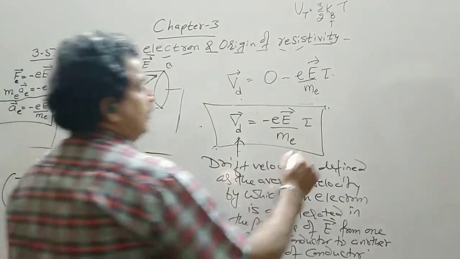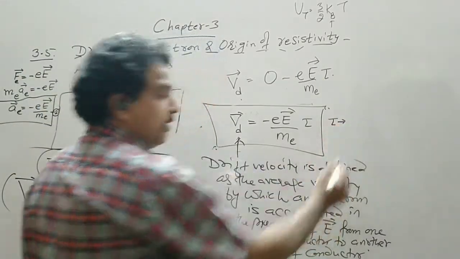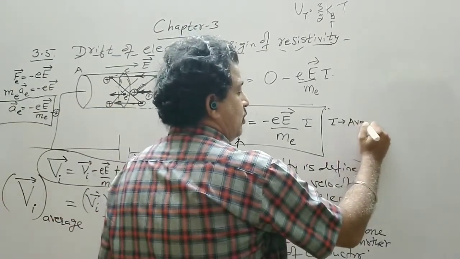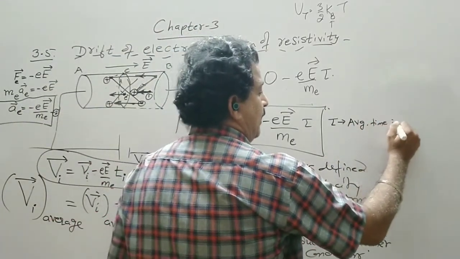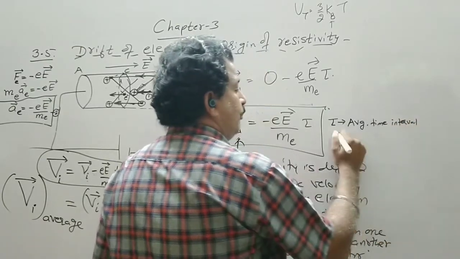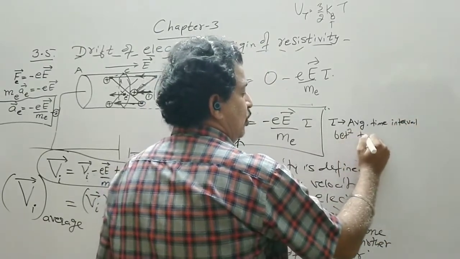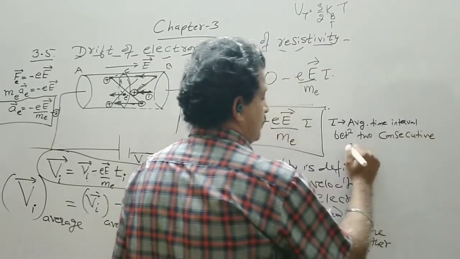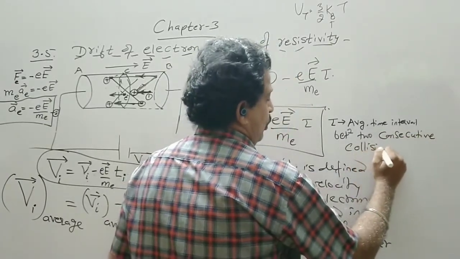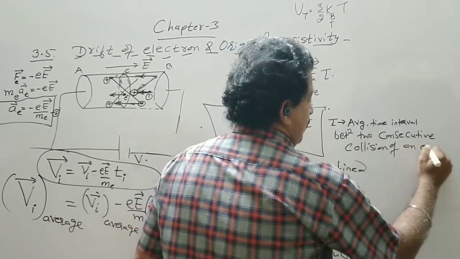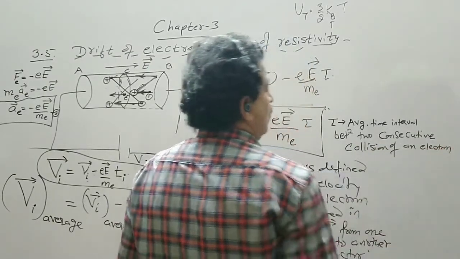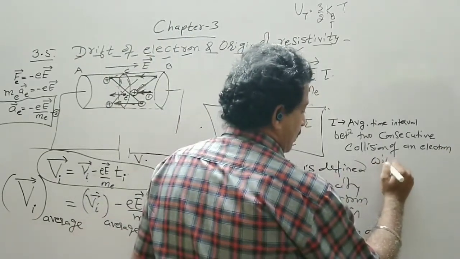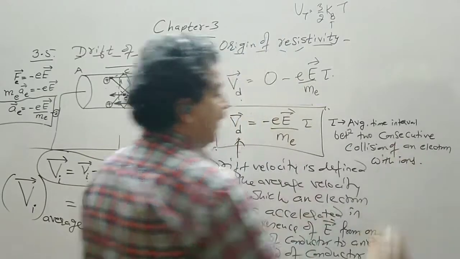And the relaxation time, which is denoted by the symbol tau, is the average time interval between two consecutive collisions of an electron with ions.